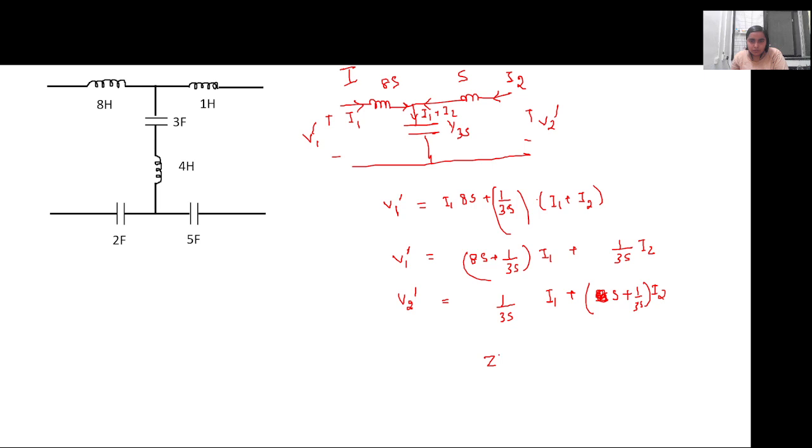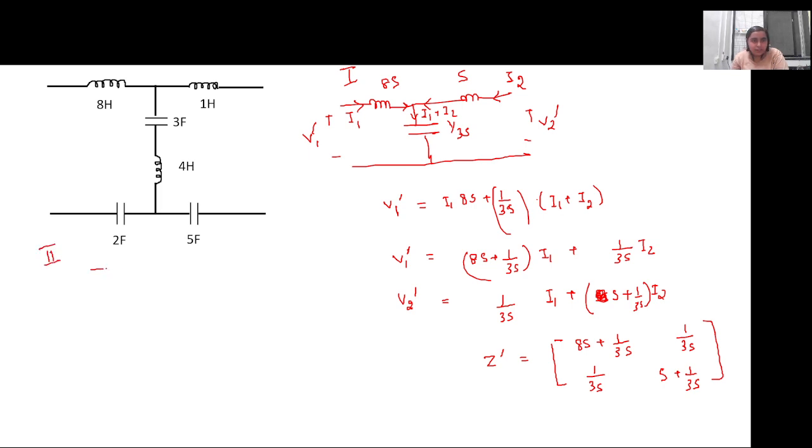So for the first circuit, the Z parameters are: Z11 is 8S plus 1 by 3S, Z12 is 1 by 3S, Z21 is 1 by 3S, and Z22 is S plus 1 by 3S.